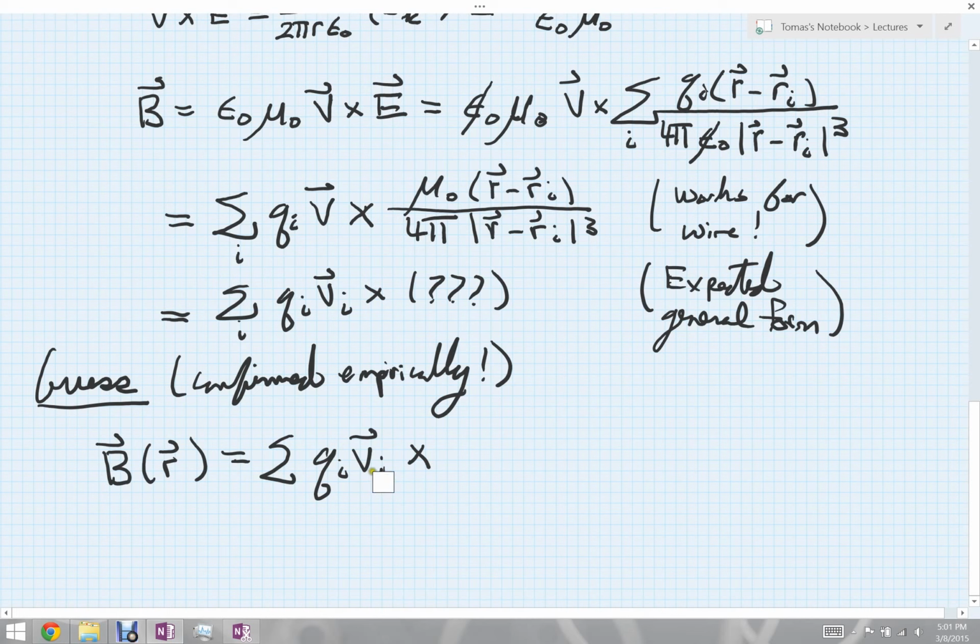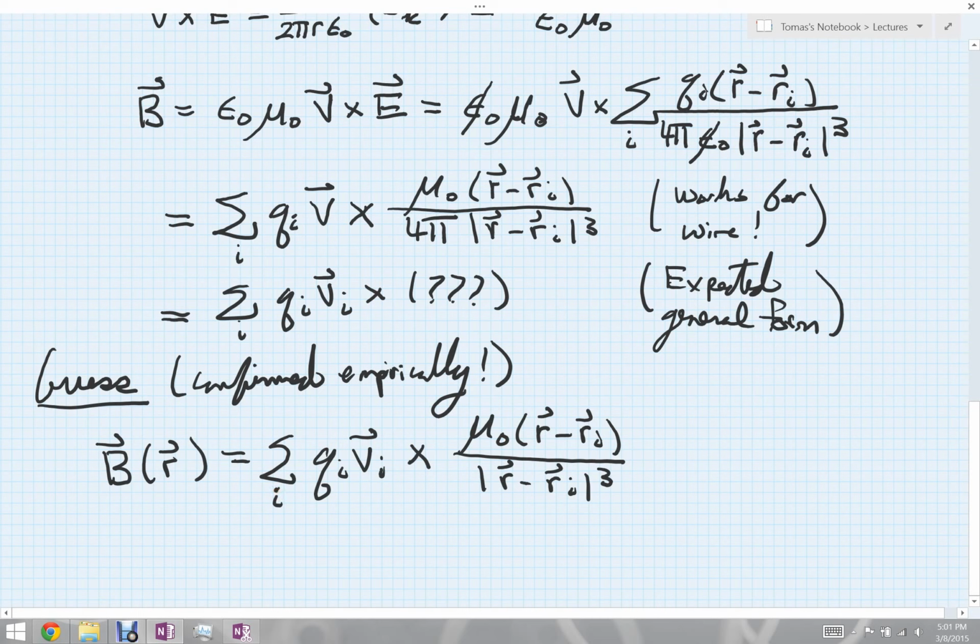If they're different for the different particles, that would be a V sub I, not just a generic V. Cross then with the Cartesian factor, mu naught (R minus Ri) over the magnitude cubed of these quantities, R minus Ri cubed, sum over I.